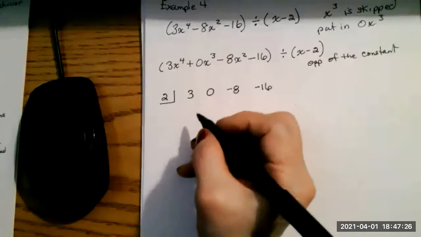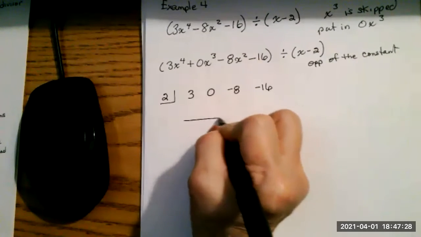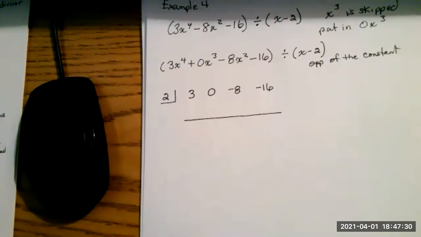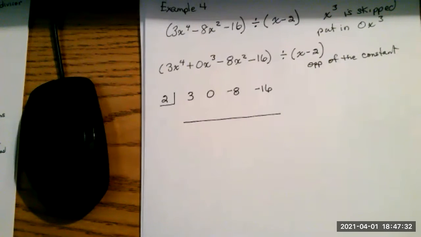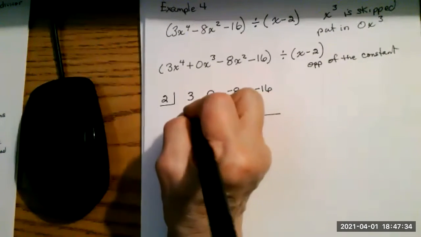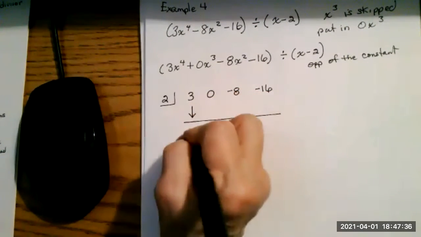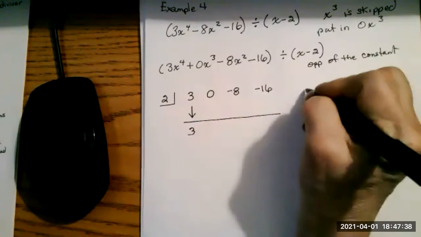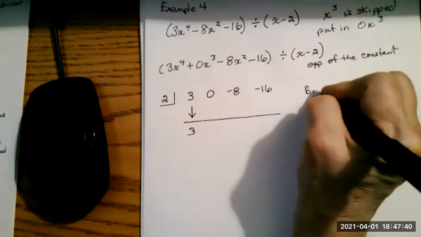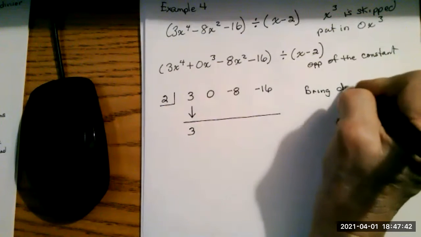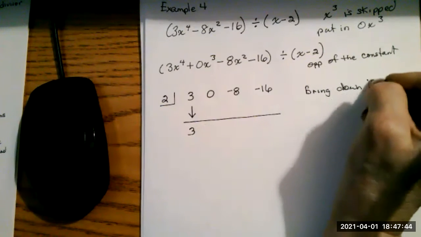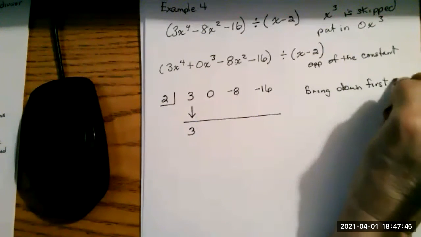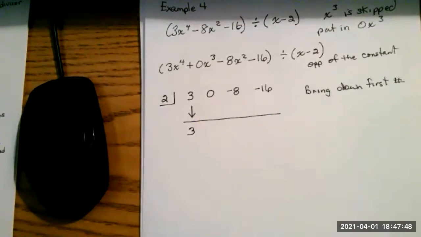All right. So I'm going to skip a line and put my line underneath here because I'm going to do something with numbers right in here. The first one you bring down. So you just bring down 3.